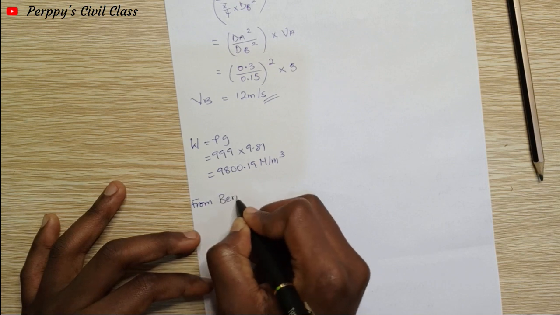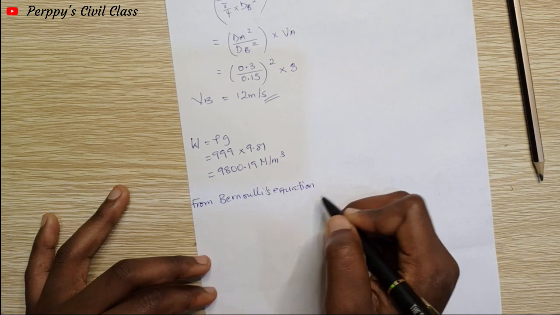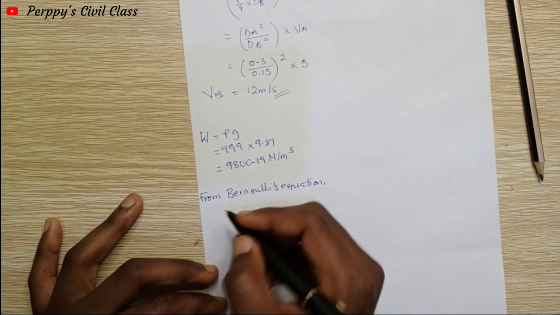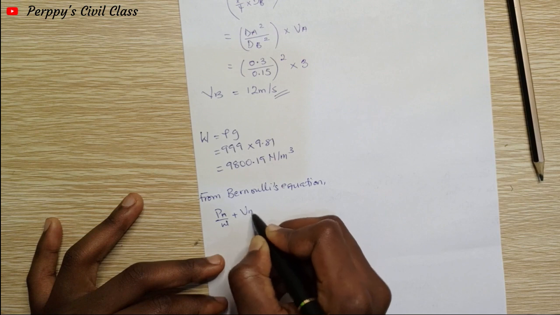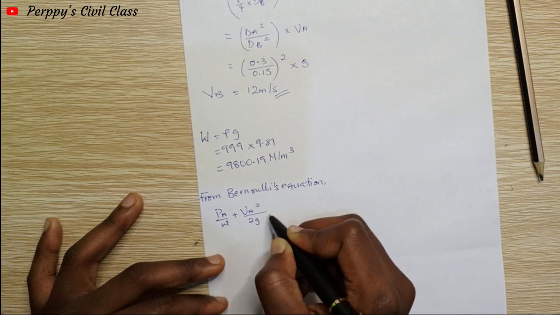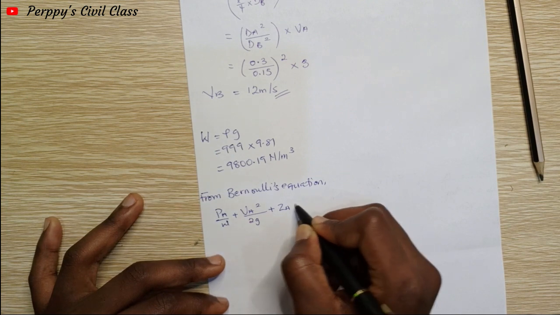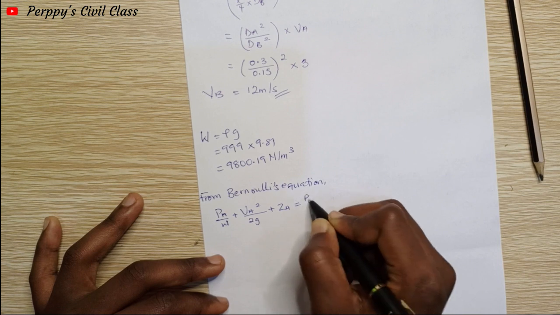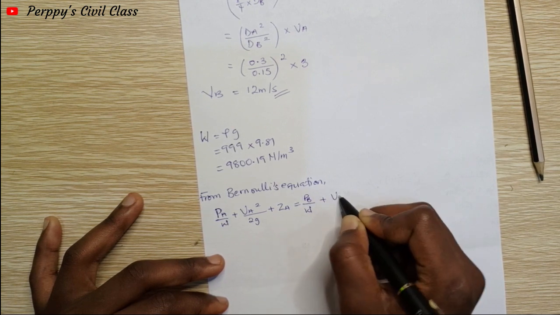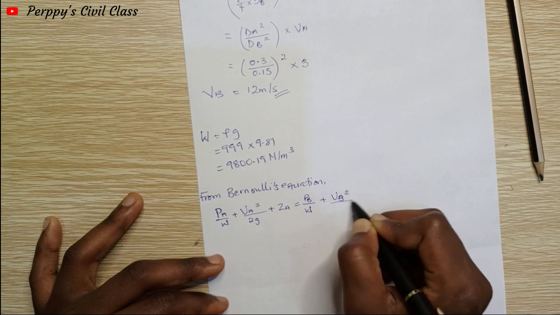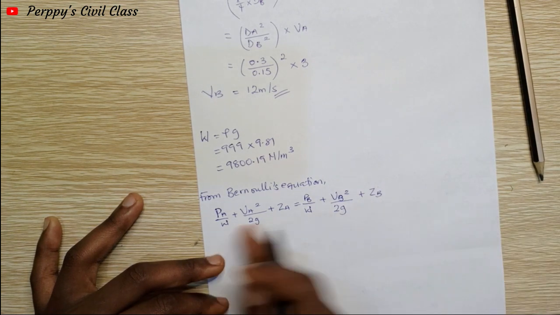From Bernoulli's equation, we have PA divided by W, the weight, plus velocity at A squared divided by 2 multiplied by gravity, plus elevation at A, is equal to the gauge pressure at B divided by the weight, plus velocity at B squared divided by 2 gravity, plus elevation at B. So the A part and the B part.